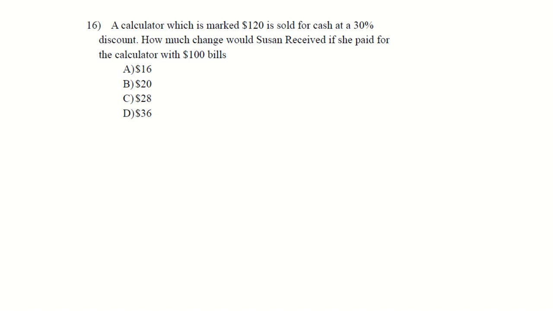Right, number 16. This is a repeated question. A calculator which is marked at $120 is sold for cash at a 30% discount. How much change will Susan receive if she paid for the calculator with a $100 bill? So we need to find the discount: 30 over 100 multiplied by 120 over 1. Cross out that, cross out that, cross out that. That's $36 discount.